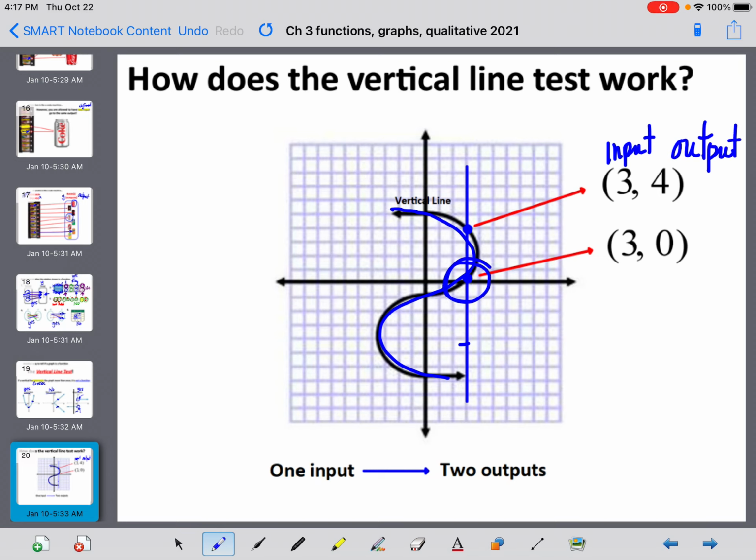And if it's crossing a vertical line at 2 different points, what it's saying is, well, my x values are matching up. My 2 inputs are the same at that spot, but my output values are not the same at that spot. And so this one is not a function. Okay, this would be a non-function graph.